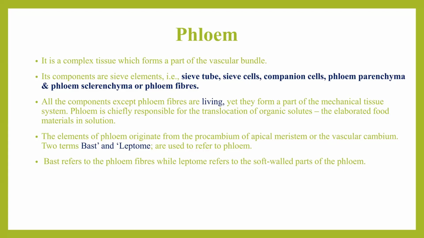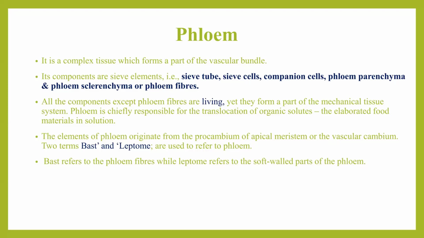The elements of phloem originate from the procambium of the apical meristem. Xylem and phloem develop from the procambium or the vascular cambium. Based on origin, phloem is classified into primary phloem and secondary phloem.